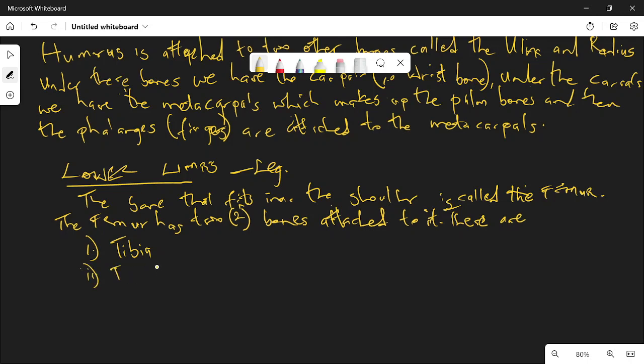Fibula. The first one is tibia and the other one is fibula.